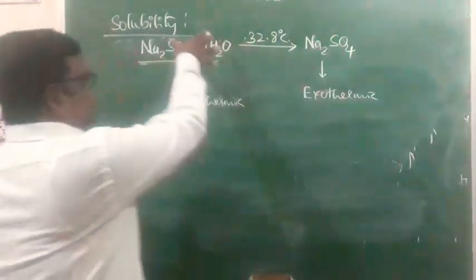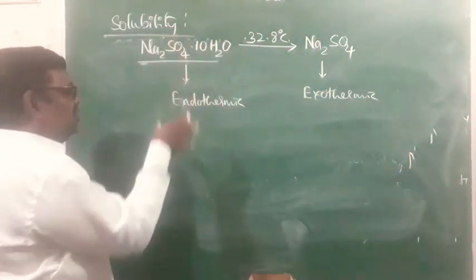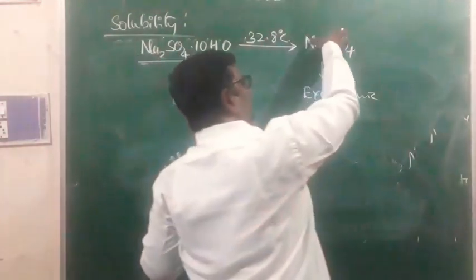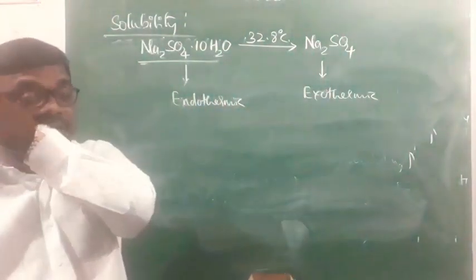Therefore, as the temperature increases, for the decahydrate, whose dissolution is endothermic, solubility increases. But for the anhydrous form, whose dissolution is exothermic, solubility decreases with increase in temperature.